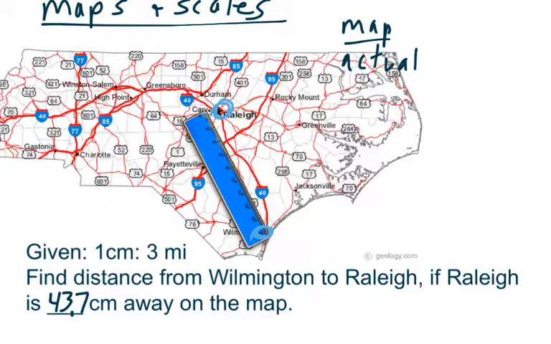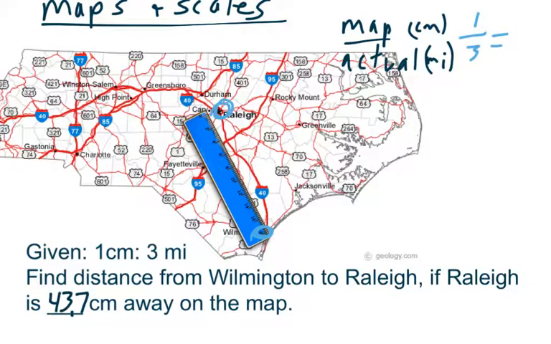So on the map, the map is in centimeters, and actually it's given in miles. So we want to write a proportion based on that information. So I'm going to start by writing my scale down. My scale is down here. It's 1 centimeter is 3 miles. And centimeters goes on top, so it's 1/3.